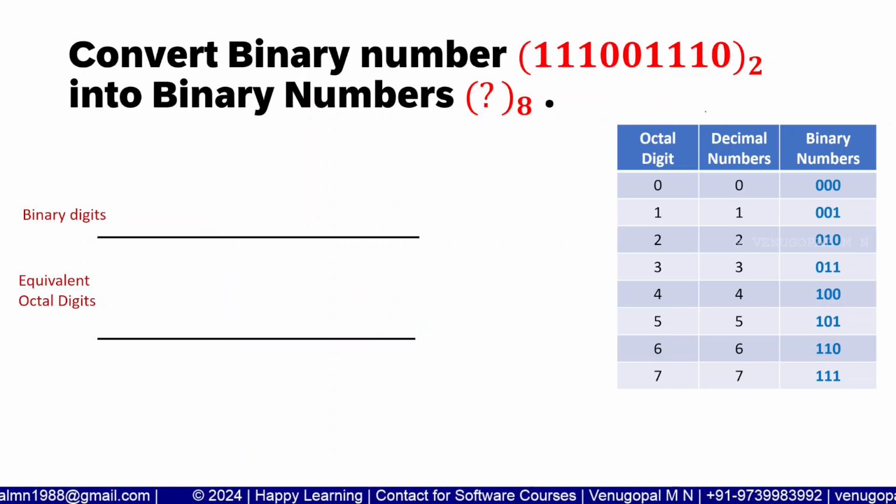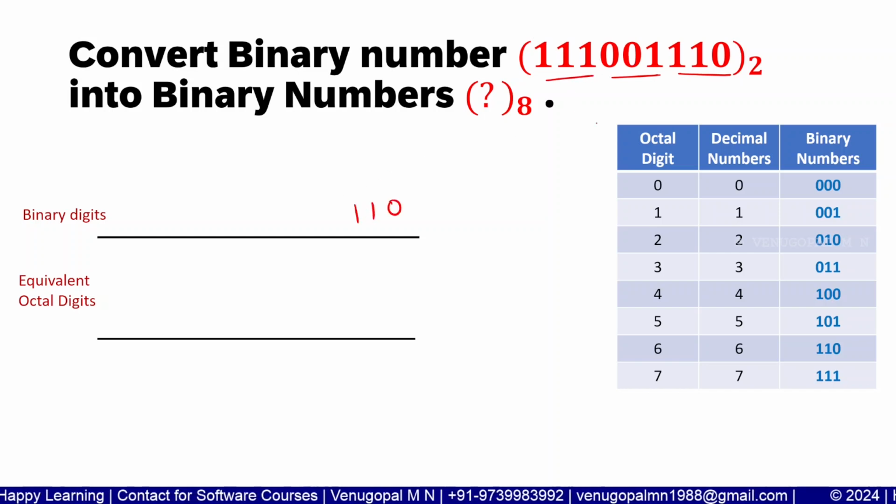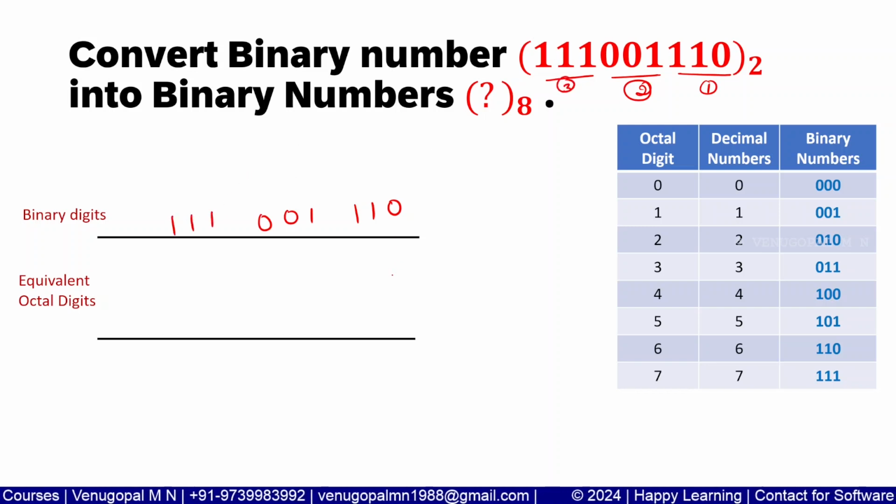Similarly, we have one more example. We group into 3 digits. This is the first group, 110. The second group is 001. The third group is 111.